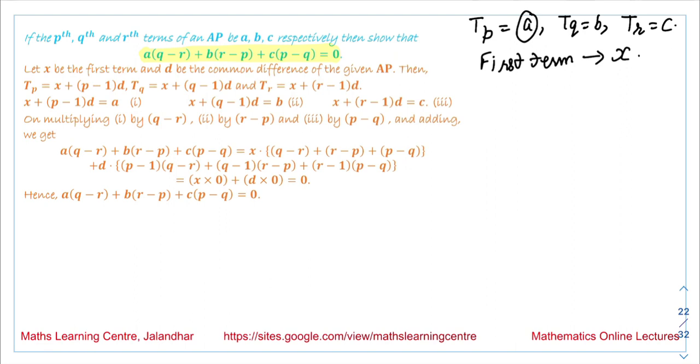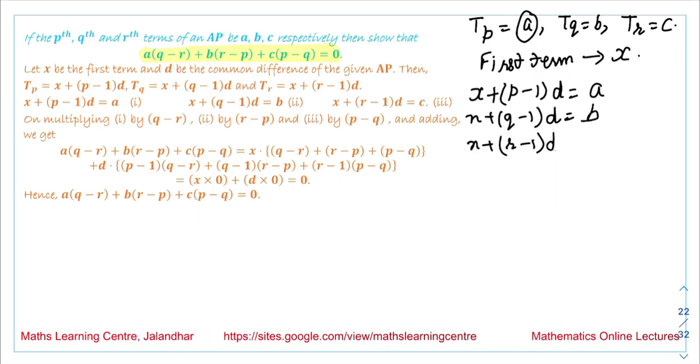Then we have x plus (p minus 1) d, that is equal to a, x plus (q minus 1) d, that is equal to b, and x plus (r minus 1) d, that is equal to c. These are the three equations we have.